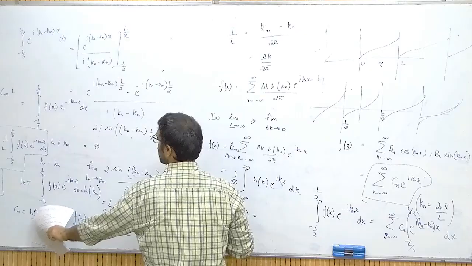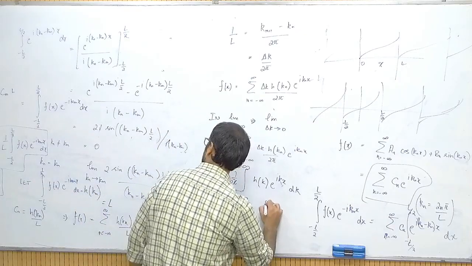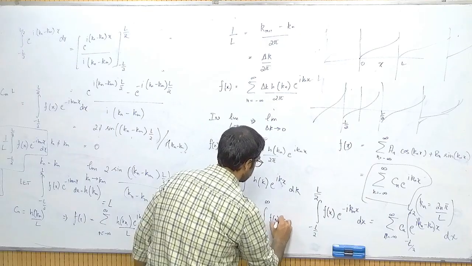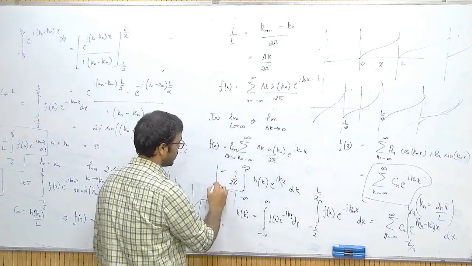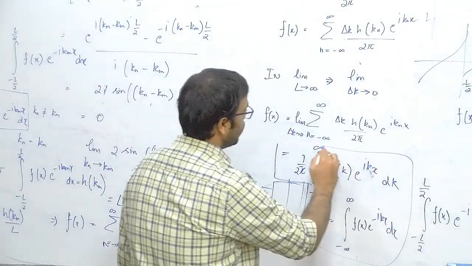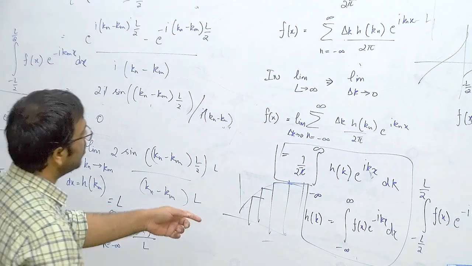Now, in the limit L tends to infinity, your limits become minus infinity to infinity, the integral of f of x e to the power minus i k x dx. And in the limit L tends to infinity, we have basically converted the summation of the Fourier series into an integral, and this is called your Fourier transform.